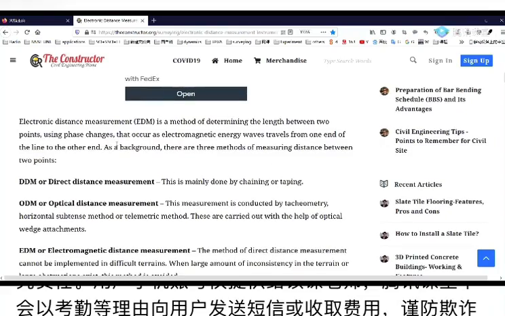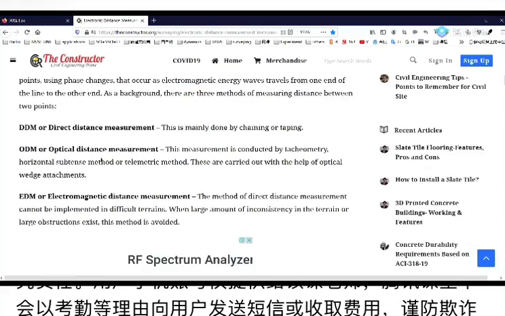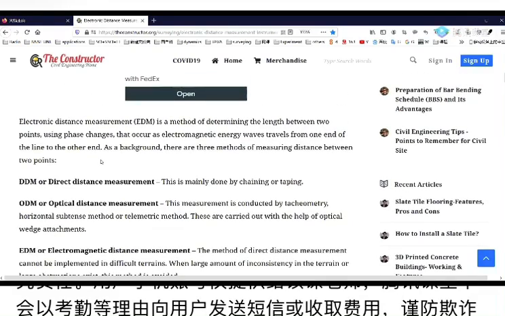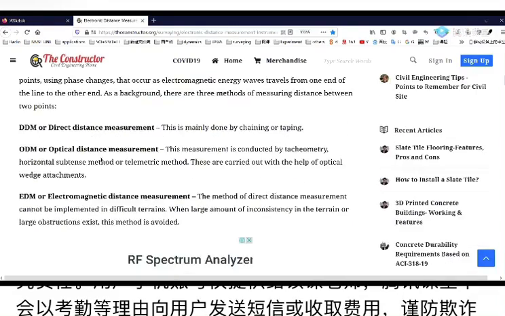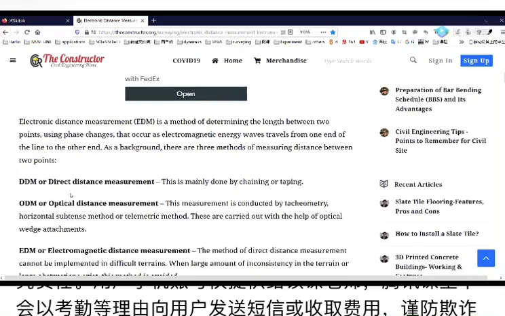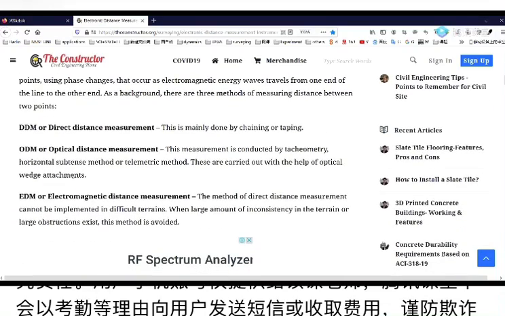Okay, so EDM. You're talking about this one, but you have other ways as well. There is one called direct measurement. Direct measurement is the one we mentioned, about chaining or taping. Chaining just divides into different parts and keeps on measuring, or you can use tape straight away.